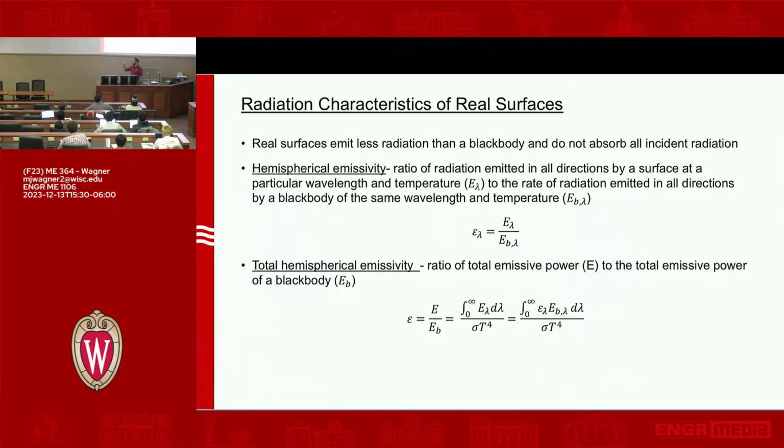There's epsilon lambda, theta, phi, which is directionally dependent and spectrally dependent. There's epsilon lambda, which is just spectrally dependent, but not directionally dependent. And then there's the total one, which is dependent on nothing. And then the last thing I'll add here, these down here are gray surfaces.